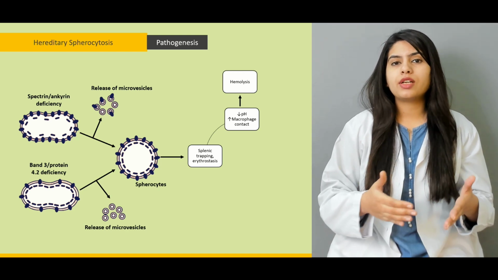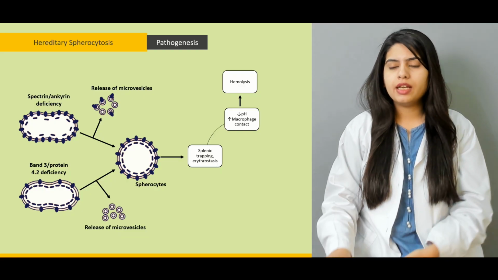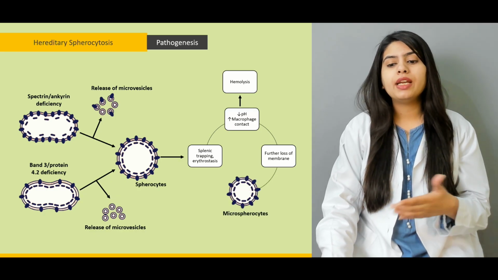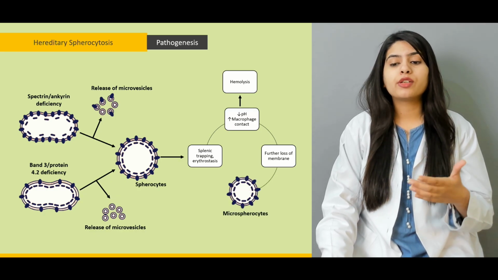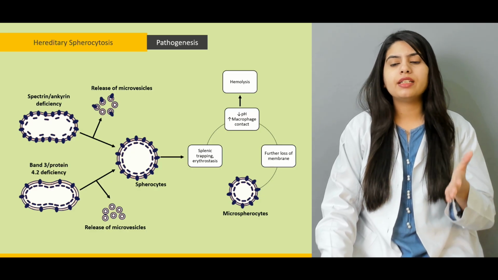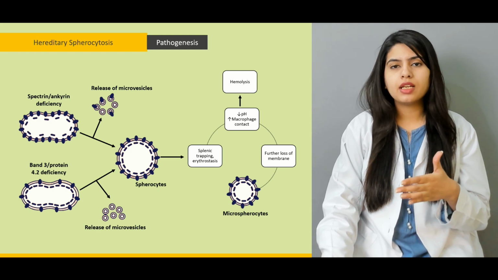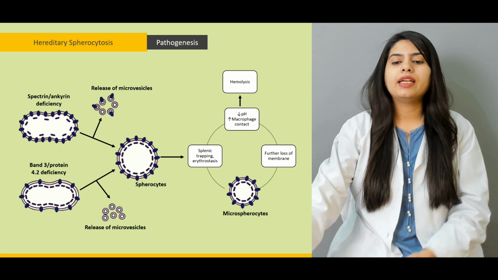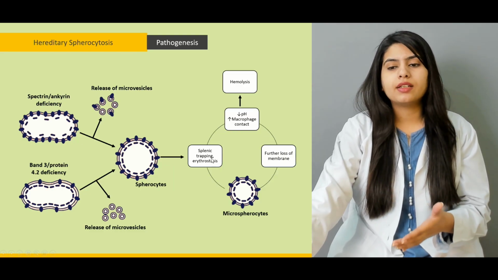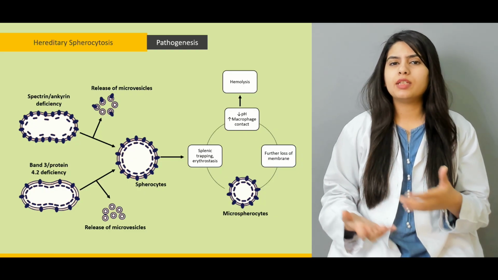So the spherocytes will undergo hemolysis, causing hemolytic anemia. Further, there will be a loss of membrane and the formation of microspherocytes. First a spherocyte is formed, then with further loss of membrane microspherocytes are formed, and again they undergo splenic trapping, come in contact with macrophages, and there is hemolysis.